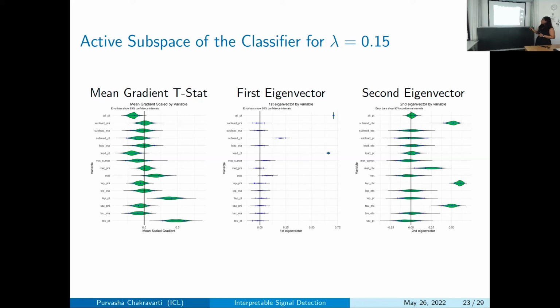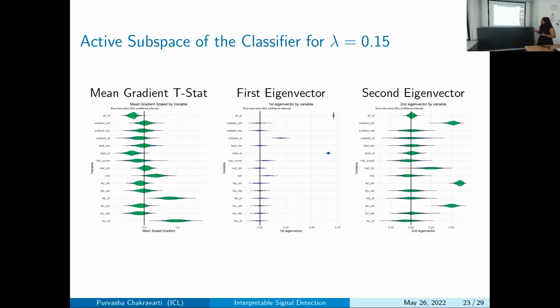What the eigenvectors tell you is a little bit different. They tell you that these three variables together, when they move in the same direction, meaning they all increase or they all decrease, indicate the presence of a signal. Similarly, in this case, these four variables, if they increase together or decrease together, indicate the presence of a signal.